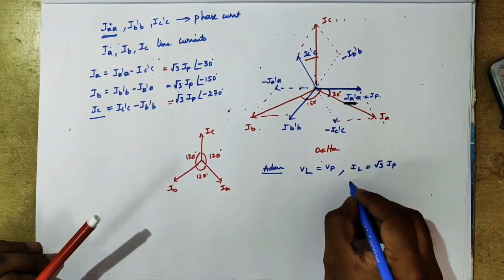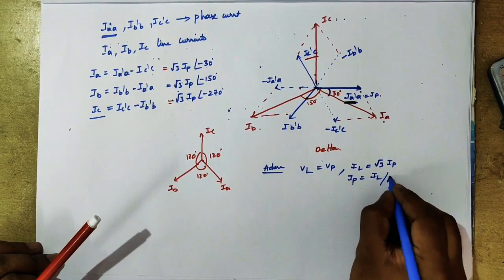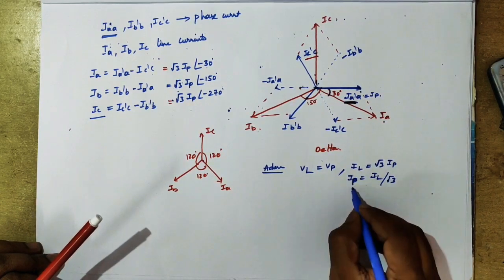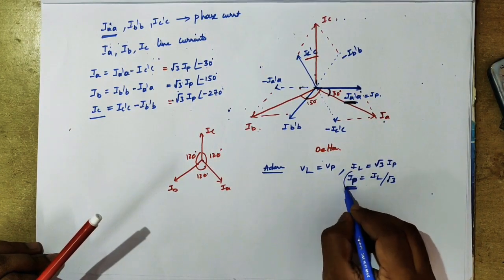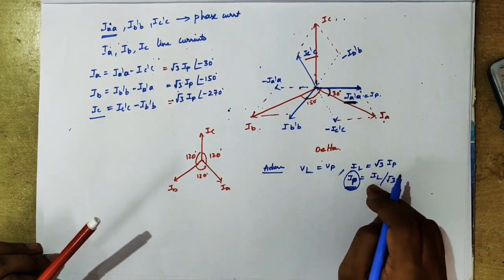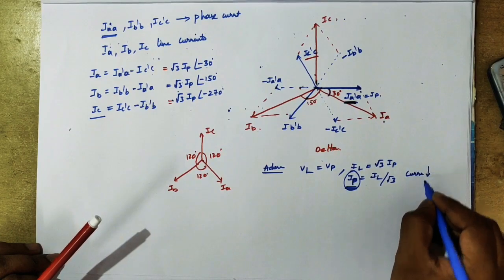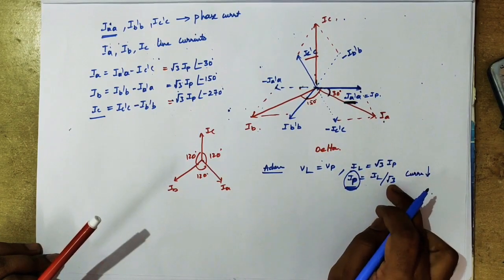Therefore I phase equals IL by root 3. So the phase current is 1/3 of the line current, that means the current is reducing here.